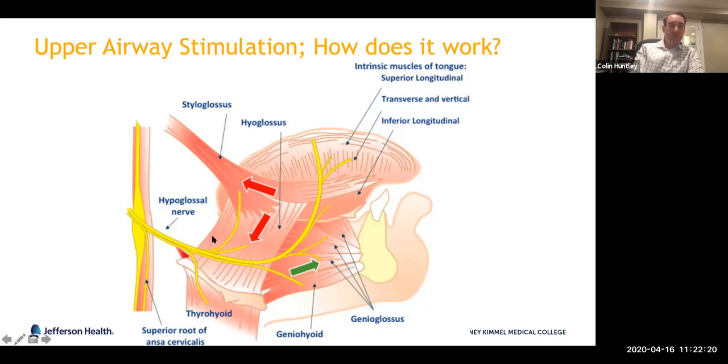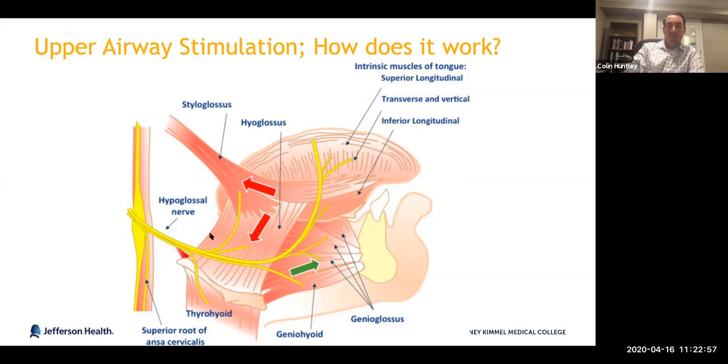You're including all branches, and the concept is to customize the combination of electrodes stimulating the nerve so that we have optimal stiffening, protrusion of the tongue, and change in shape of the tongue, and also hopefully open up that oropharyngeal airway.